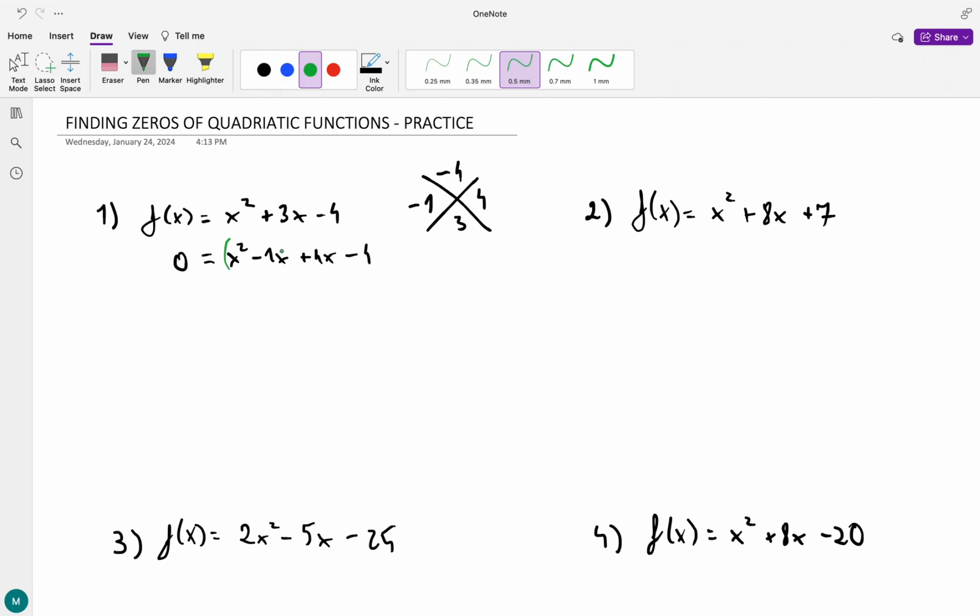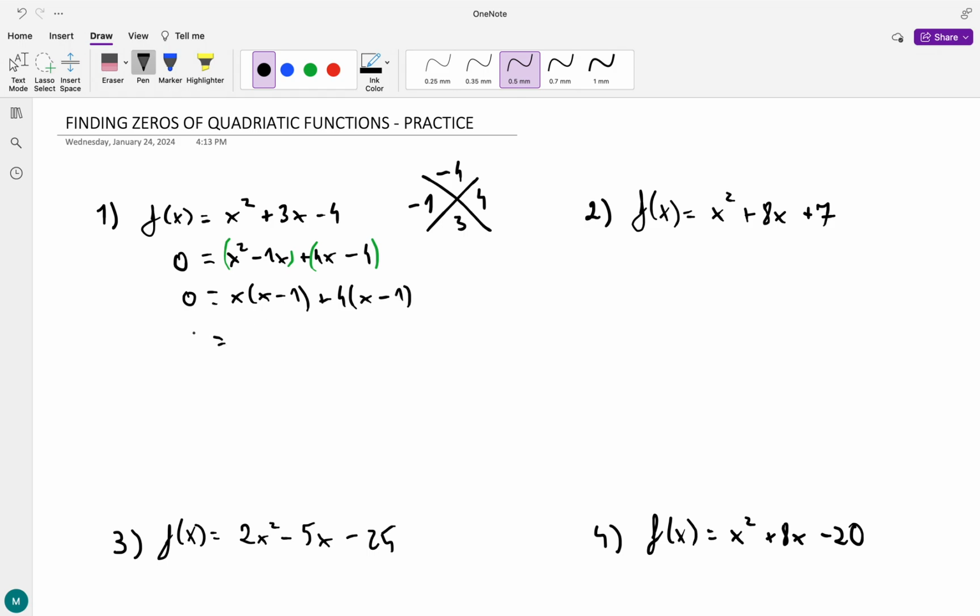Then we can start factoring by grouping. From the first one, we can only factor out x, and we're gonna be left with x minus 1. From the second one, we can factor out +4, and we're also going to be left with x minus 1.